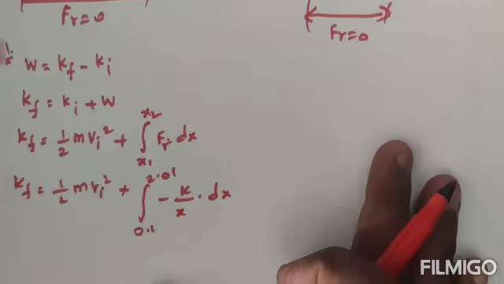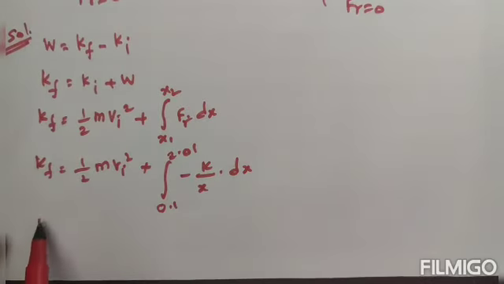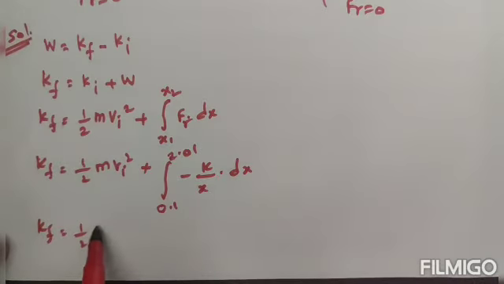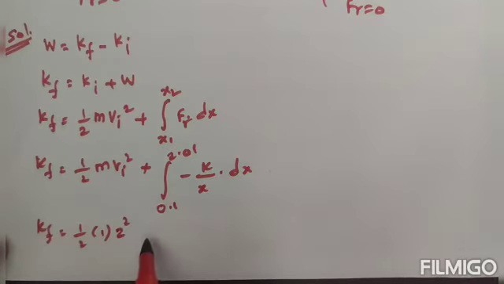Now next step, Kf is equal to 1 by 2 m, where the mass is 1 kilogram, then the initial velocity is 2 meter per second, so 2 squared.